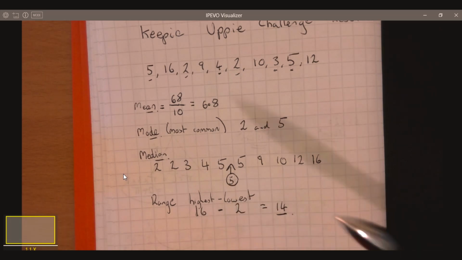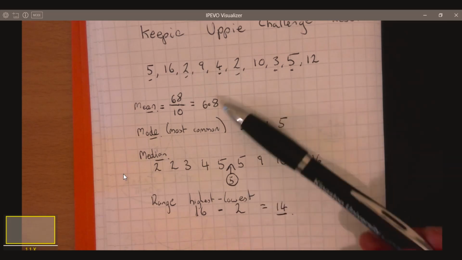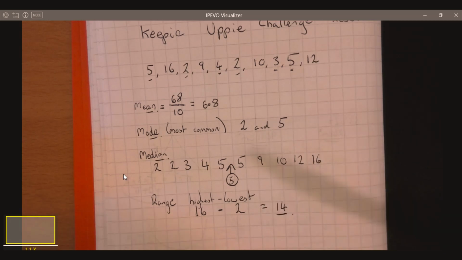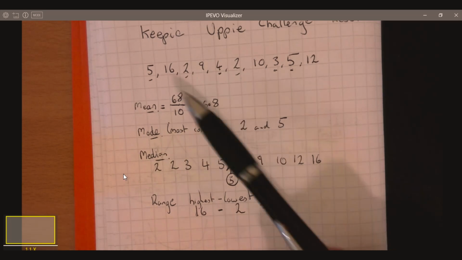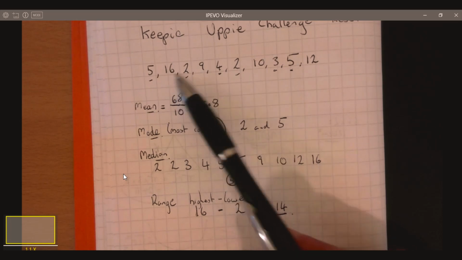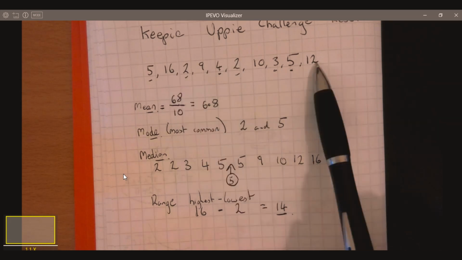Now, something else to think about is which one of these averages would be best to use. They have different advantages. You could think about the 6.8. Well, the 6.8 has kind of been inflated by maybe these couple of numbers.